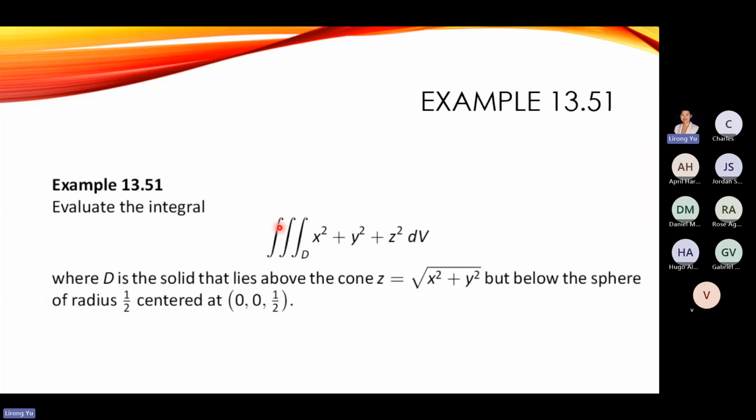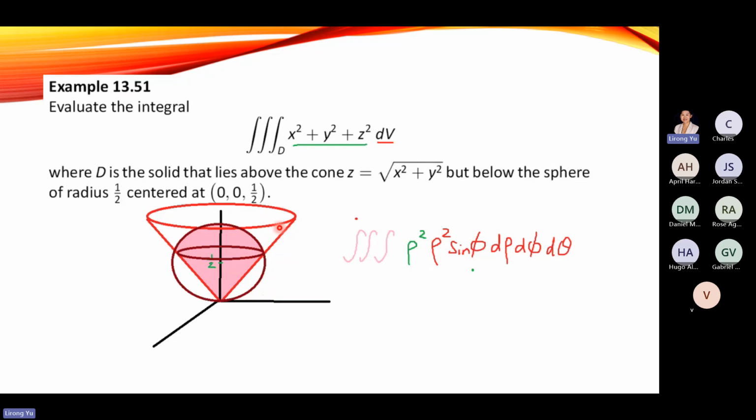So that's why I write rho squared, the green one, for the integration function. But then there's a dV. We are turning the differential notation dV into an actual integration variable. Since we're doing spherical coordinates, dV equals rho squared sine phi d rho d phi d theta.